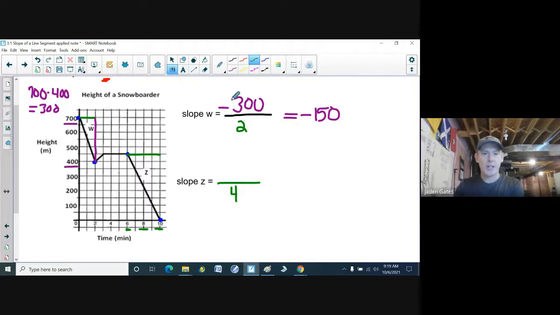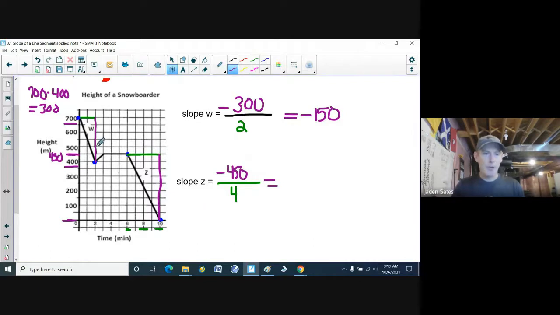And now we get to the drop. Now I don't bother counting the spaces because it doesn't matter. They're not worth 1 each. So I started off here in between 400 and 500. That would be a height of 450. And I end up at a height of 0. And so my snowboarder has dropped 450 meters.